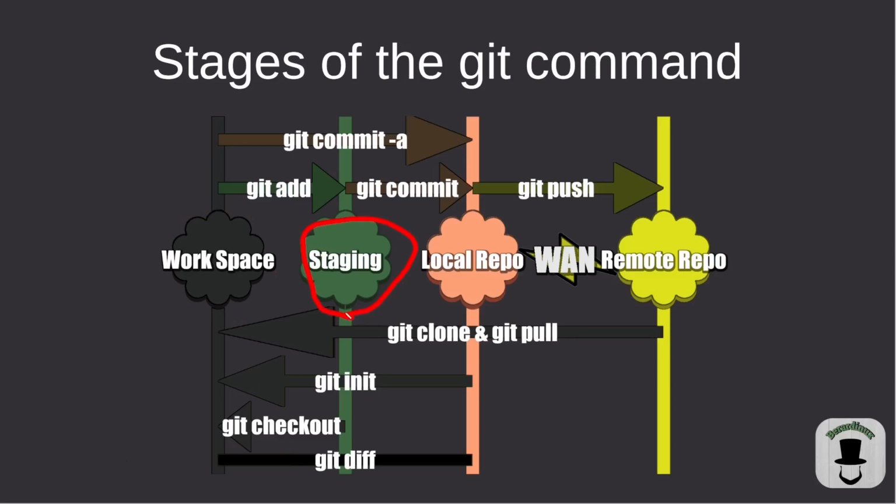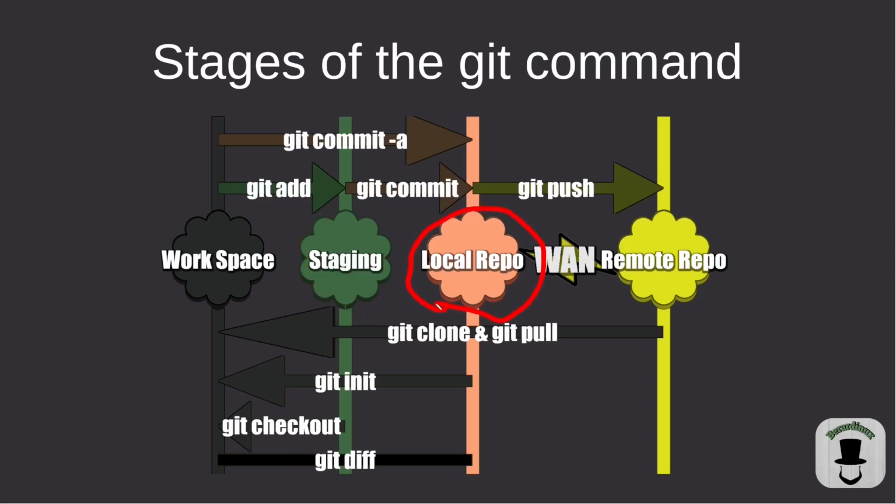At this point, you haven't even updated your local repository yet. You can just run git status, and you can see that everything is ready to be committed. Once you've checked everything over and made sure that you like what you see, you're ready to update your local repository, so you commit it. You run git commit -m and put your message there, and this is where it goes: your local repository.